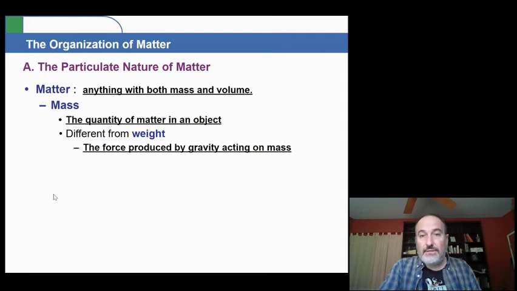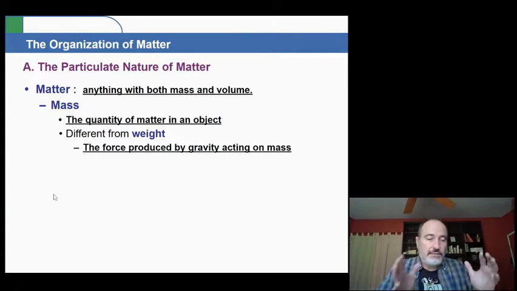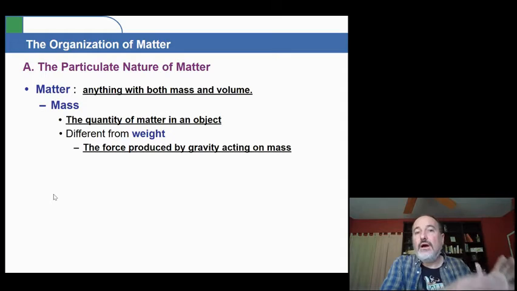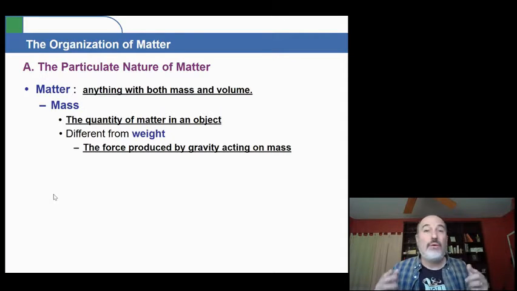So things on the moon weigh approximately 1/6 of what they weigh on Earth. An astronaut that weighs 180 pounds on Earth would only weigh about 30 pounds on the moon. Talk about a good weight loss program.